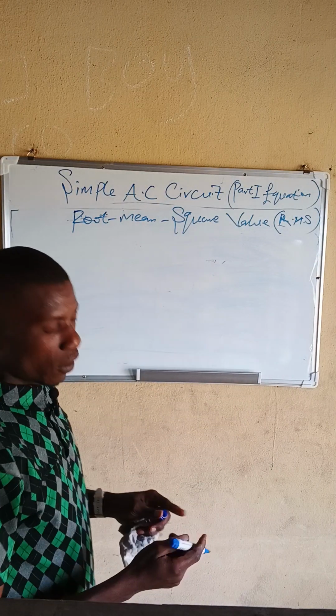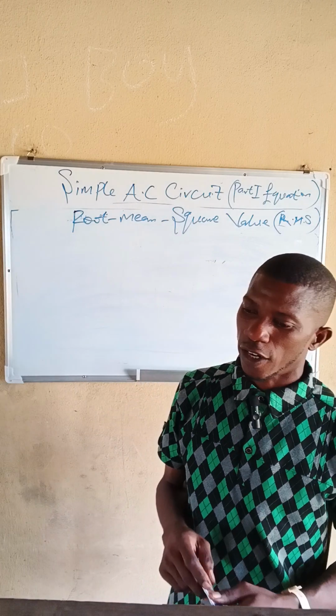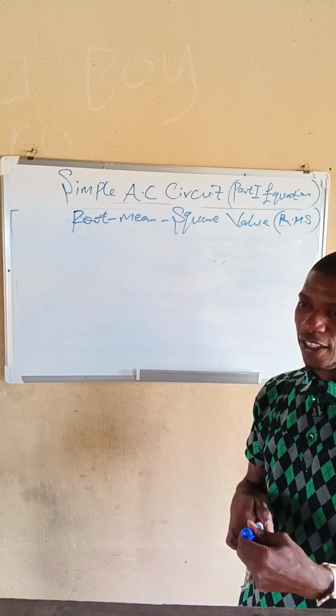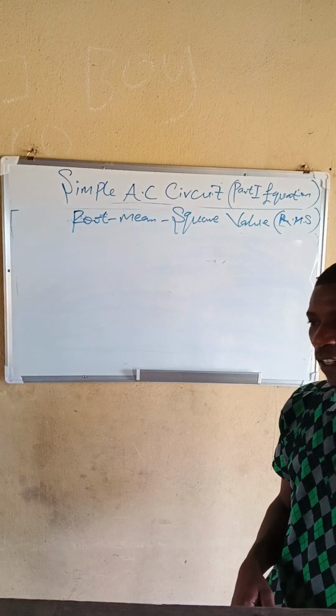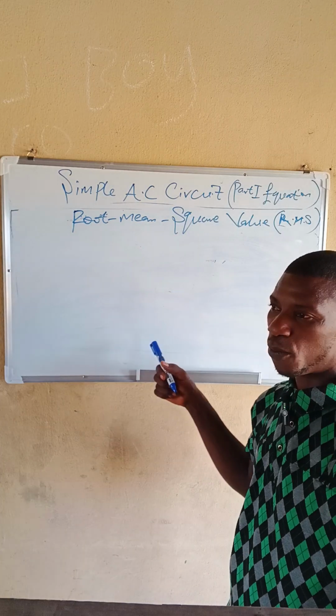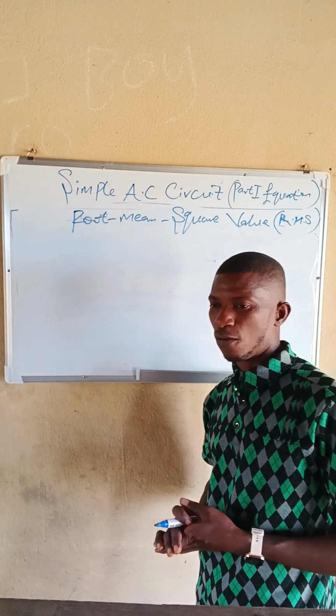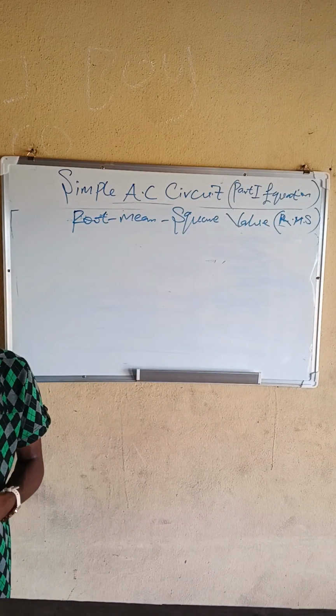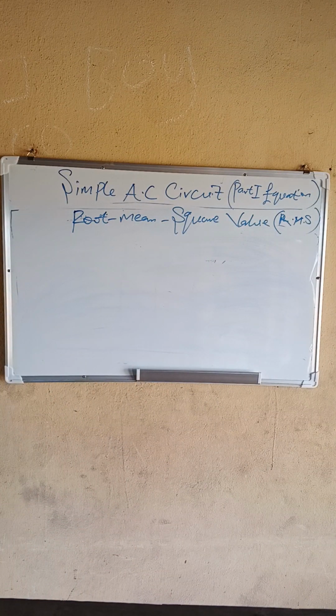Current root mean square or voltage root mean square is the current or voltage that produces the same heating effect in a resistor as direct current.